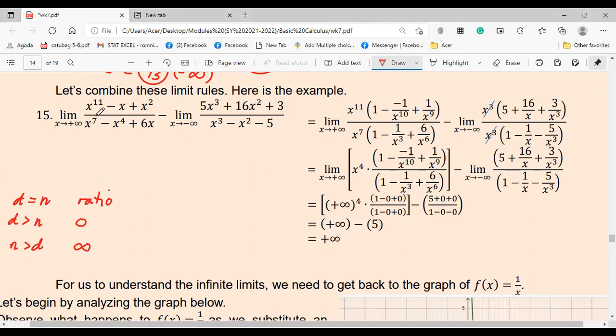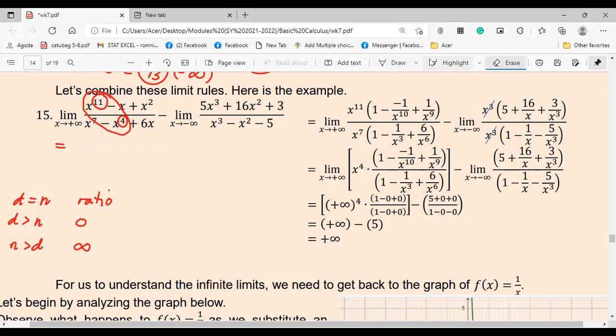Okay? So, tingnan natin. Dito sa unang term, ang makikita natin, we have 11 and this is 4. So, the numerator is greater than the denominator. So, ang gagawin natin, ibaba natin yan. At yan ay magiging x raised to 5. Negative. So, pag kunin mo to, positive x raised to 11. Sige, sulat ko.